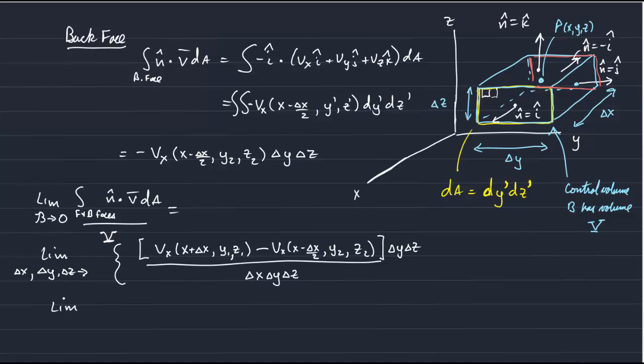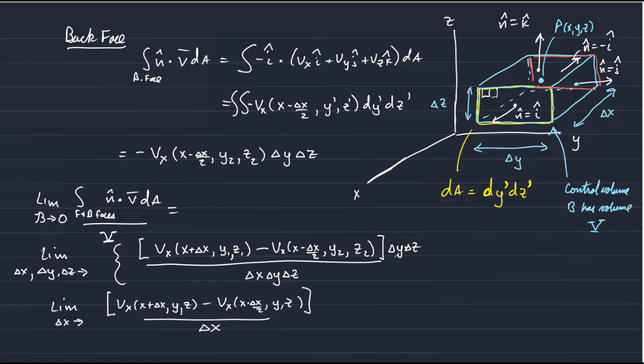So that gives the limit as delta x goes to 0 of Vx at point x plus delta x over 2 at point y and z, minus Vx on the back face, again evaluated at point y and z, all over delta x.